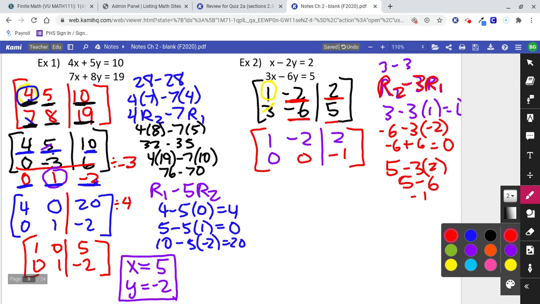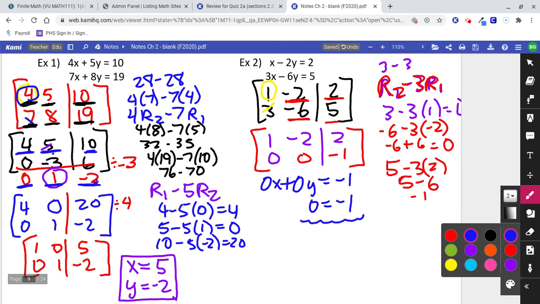Think about what that bottom row says as an equation. Can anybody tell me what that bottom row says as an equation? It says 0x plus 0y equals negative 1. Or if you clean that up, it would say 0 equals negative 1. Okay? That's supposed to tell you something.